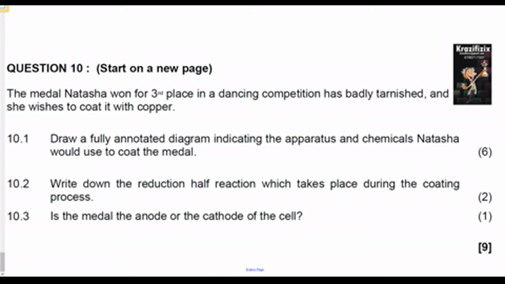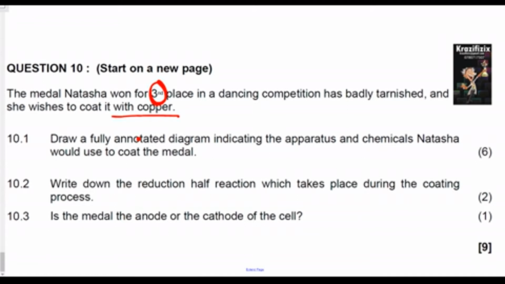All right, here we have another question. And we're running through again, hoping that you are done with your own. Now the medal Natasha won for 3rd place doesn't look good, it is badly tarnished, and she wishes to coat it with copper.